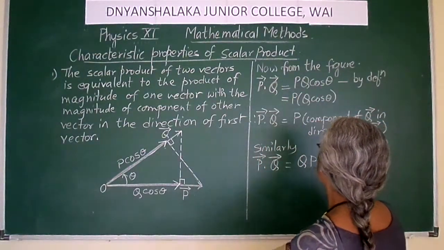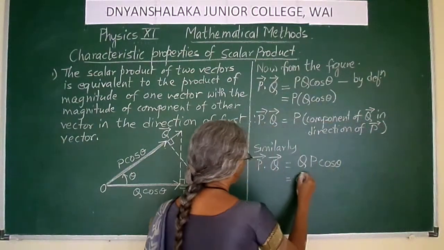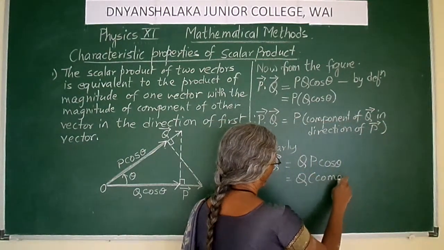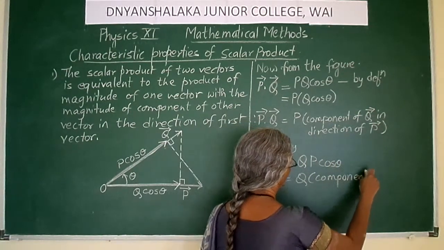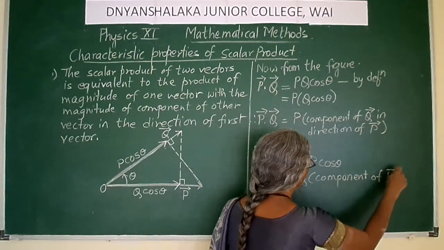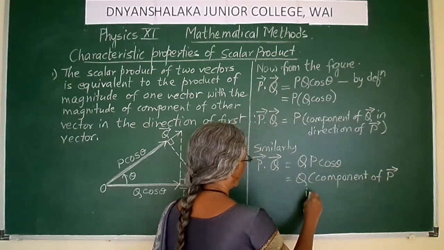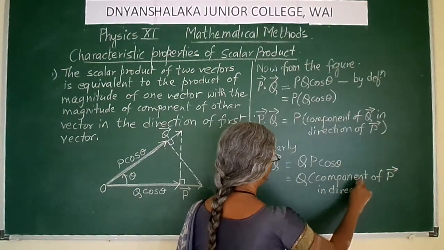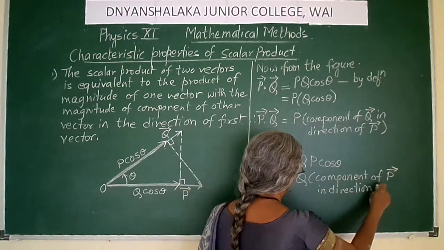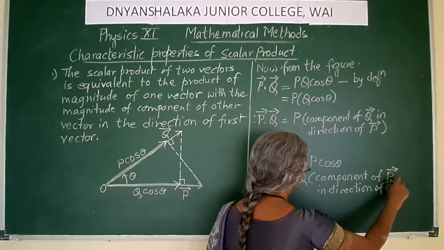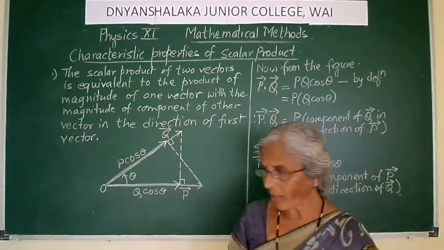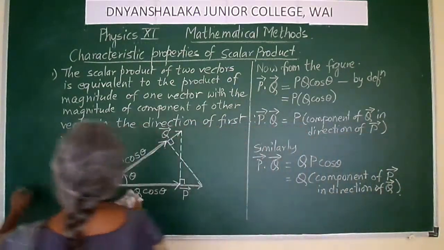Q p cos theta. Then it will be q into component of vector p in direction of vector q. Isn't it? Okay.